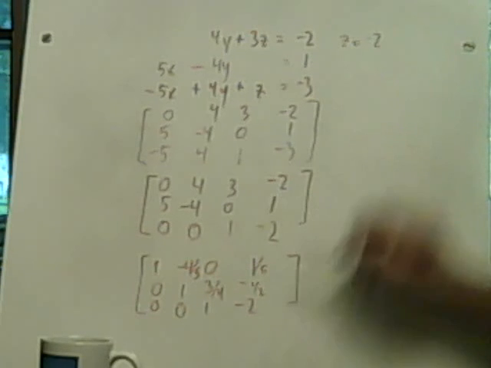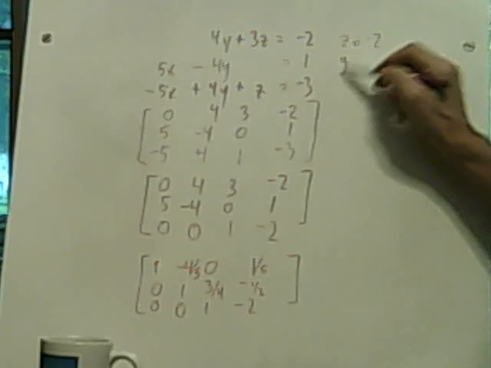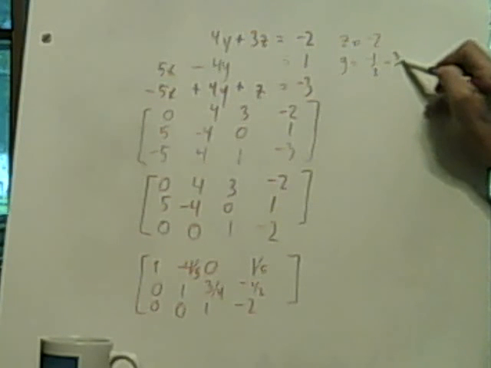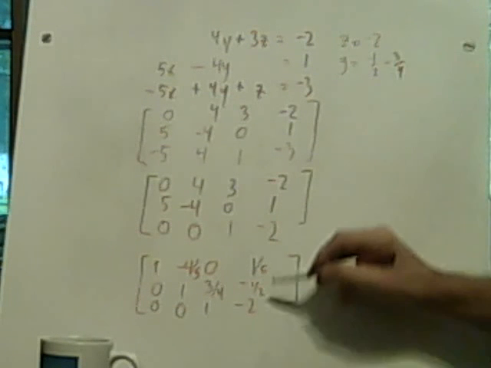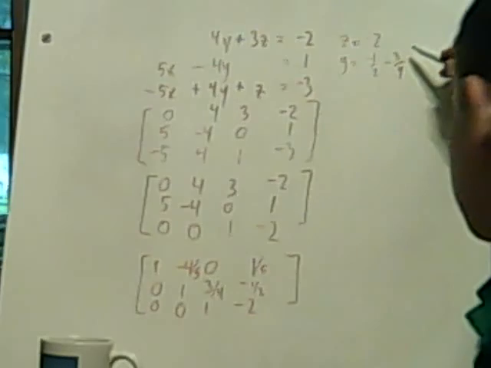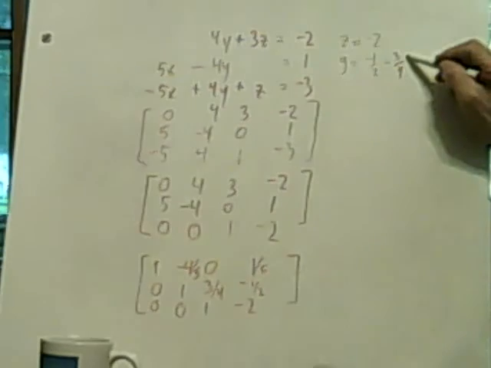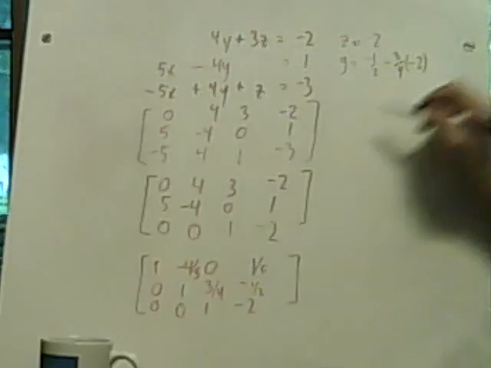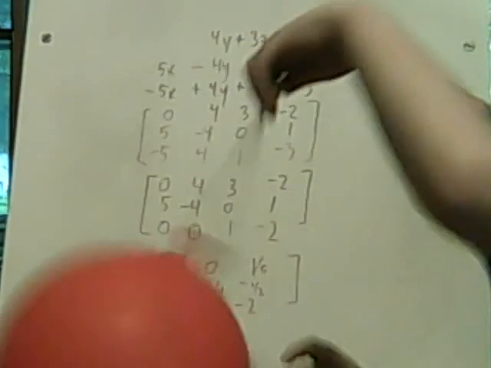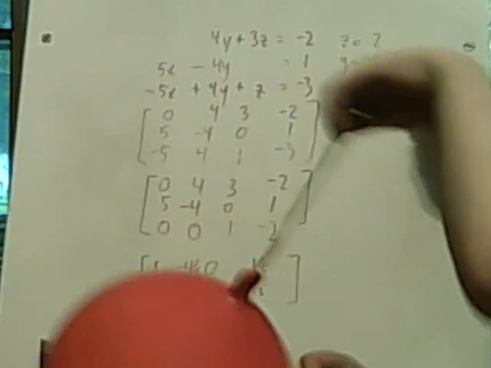And we solve the second equation to give us y is equal to negative 1/2 minus 3/4. I'm sorry, it's negative 1/2 minus 3/4 times negative 2, which is equal to negative 1/2 plus 3/2.